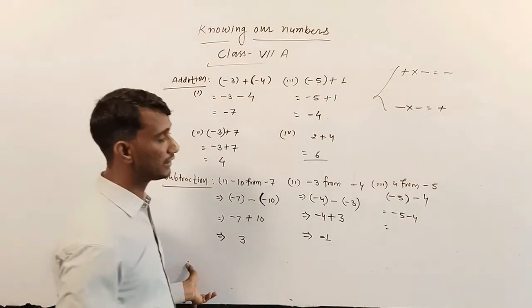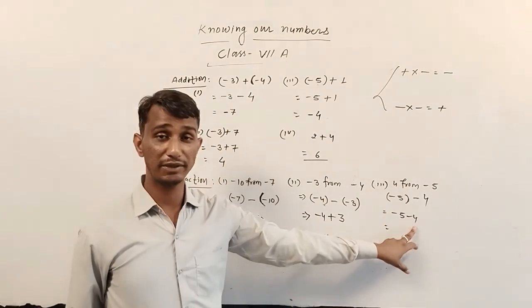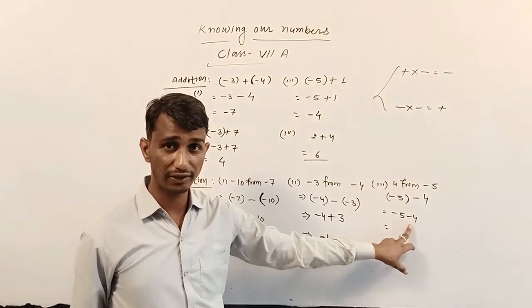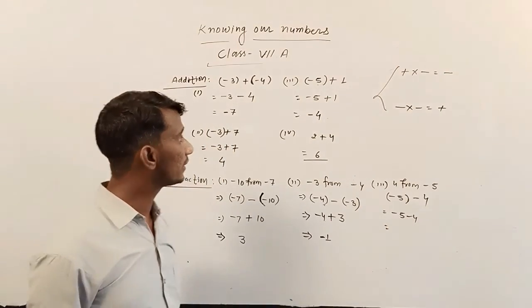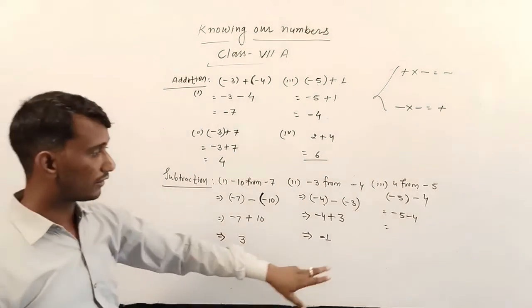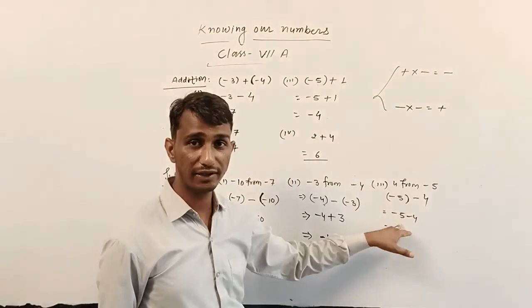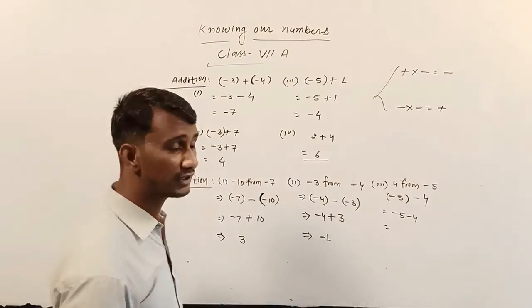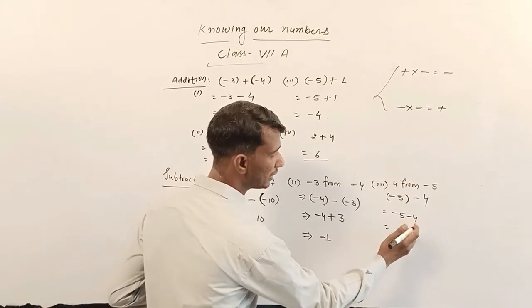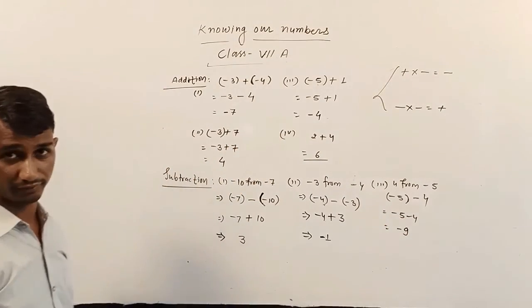In this question both numbers have the same sign, negative. I told you in addition, if the signs are the same, we add the numbers and put the same sign. So 5 plus 4 is 9, and the sign is negative.